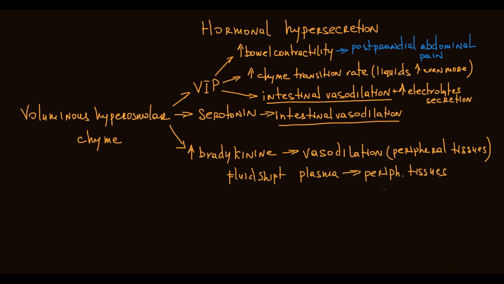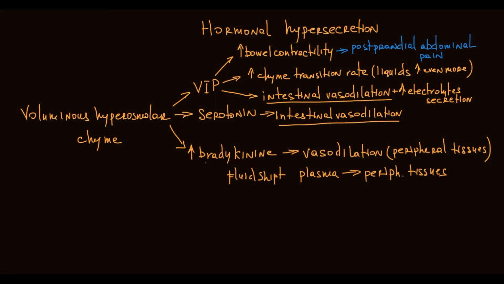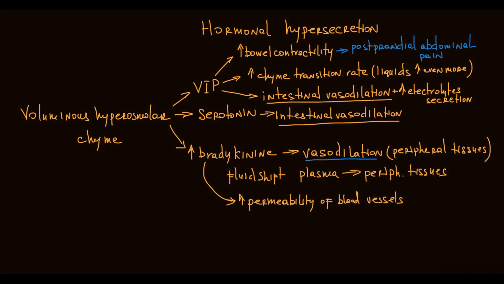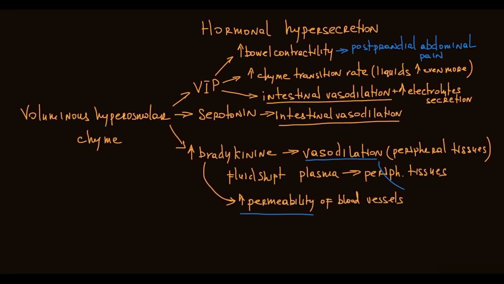This peripheral fluid shift is not as substantial as intestinal fluid shift, but it aggravates the hypovolemic state in general circulation. Also, bradykinin increases blood vessel permeability, and peripheral vasodilation with increase in permeability of blood vessels can manifest as flushing, which is also a symptom of early dumping syndrome.